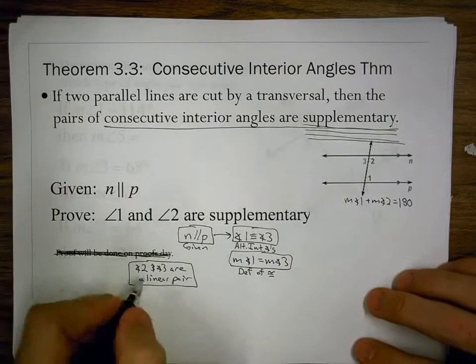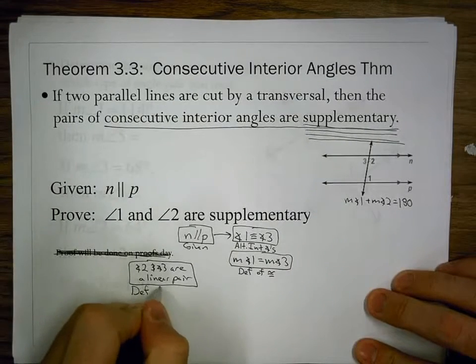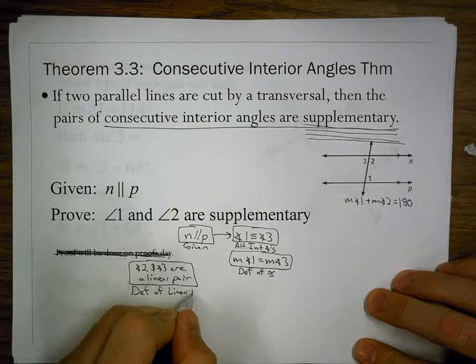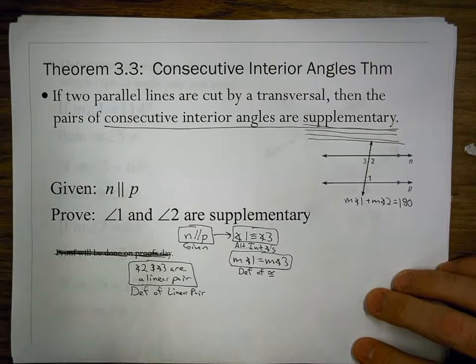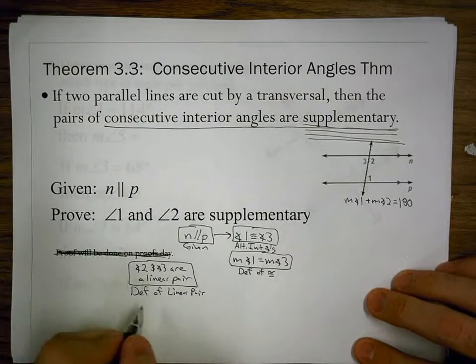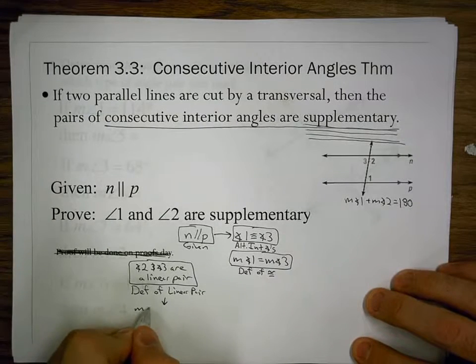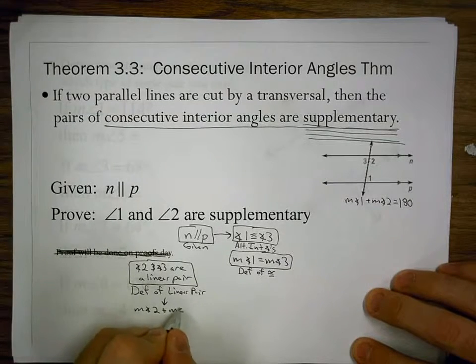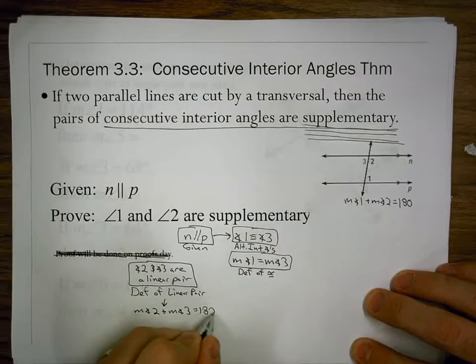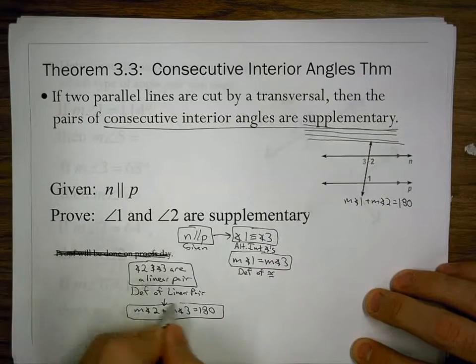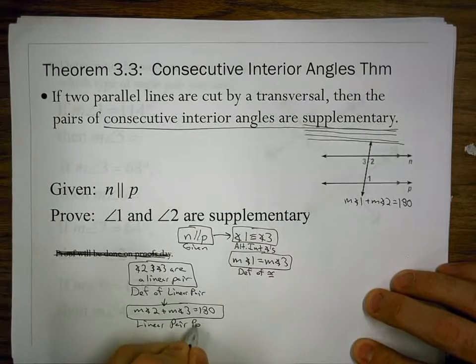They're what we call a linear pair. So that's the definition of a linear pair. Now, when it's a linear pair, we know that the measure of angle 2 plus the measure of angle 3 equals 180. And that is actually by our linear pair postulate.